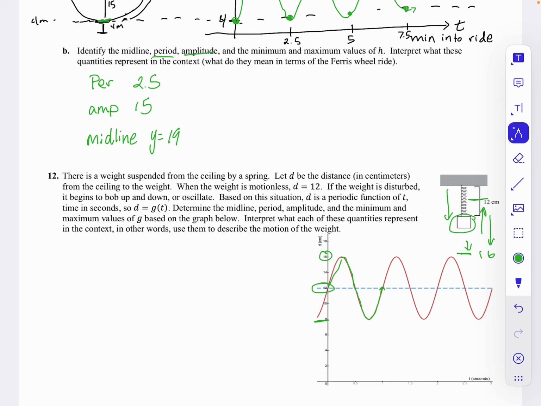The closest it gets to the ceiling is 8 centimeters away, and the furthest it gets from the ceiling is 16 centimeters away. We have an amplitude here of 4, which is the distance that the weight goes above and below that 12 centimeter resting place. So hopefully this is a brief introduction to interpreting parts of our periodic function.